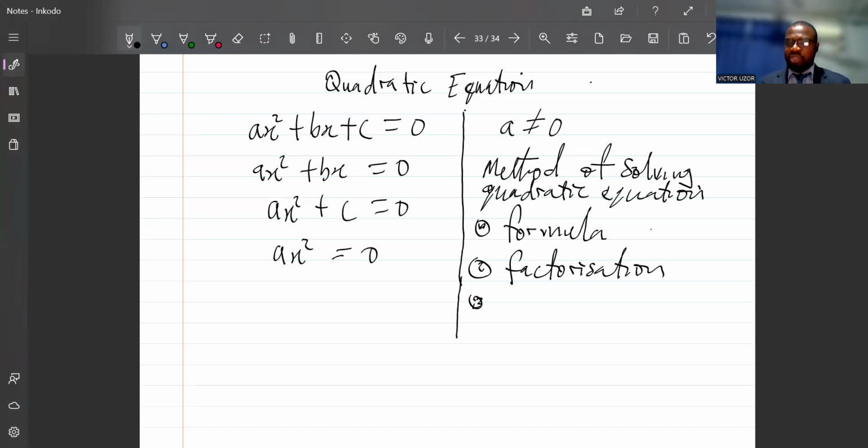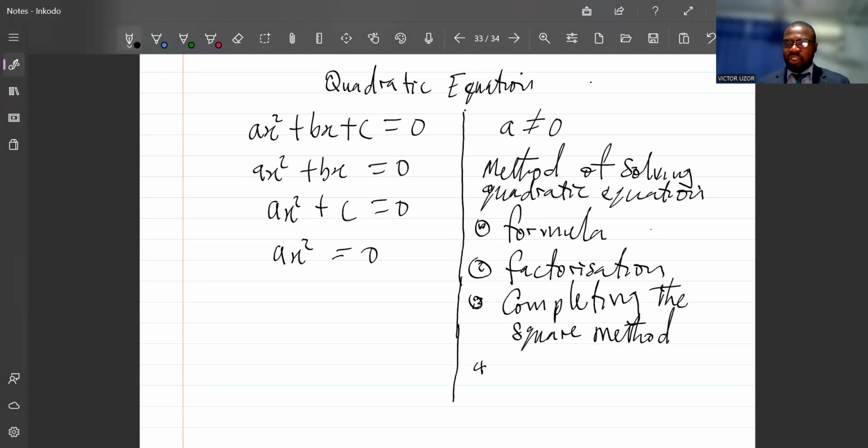The third method is the completing the square method. This is also derived from the formula method.